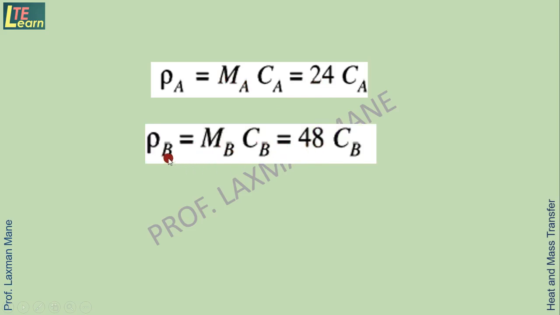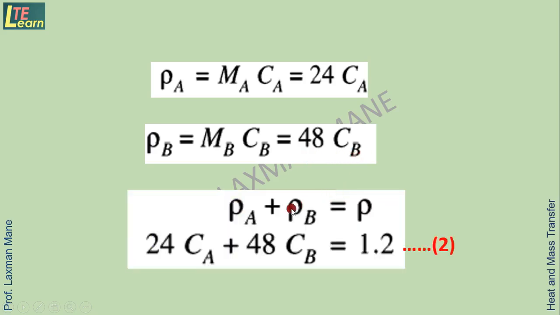So we find the relation rho B is equal to 48 times Cb. Now, the density of the mixture 1.2 is a known value, but the density of the mixture will be what? Density of gas A plus density of gas B, meaning rho A plus rho B is equal to rho.